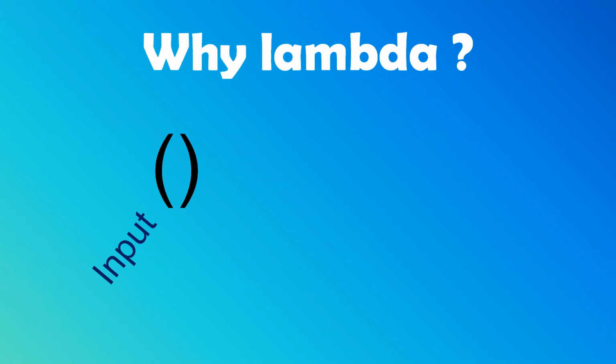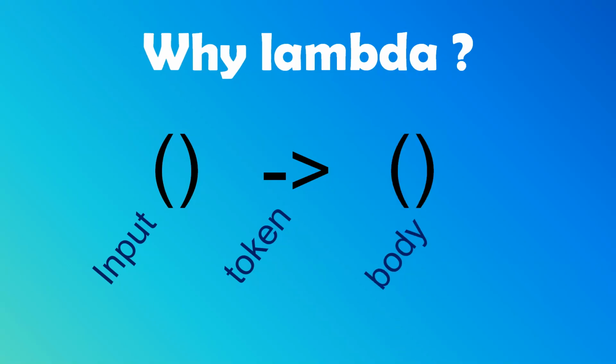The number of parameters you pass inside those brackets are the input parameters. The hyphen and greater than symbol is a token that indicates this is a lambda expression. After that there is another set of brackets, which is our implementation. You can simply say it is the body of a simple method.